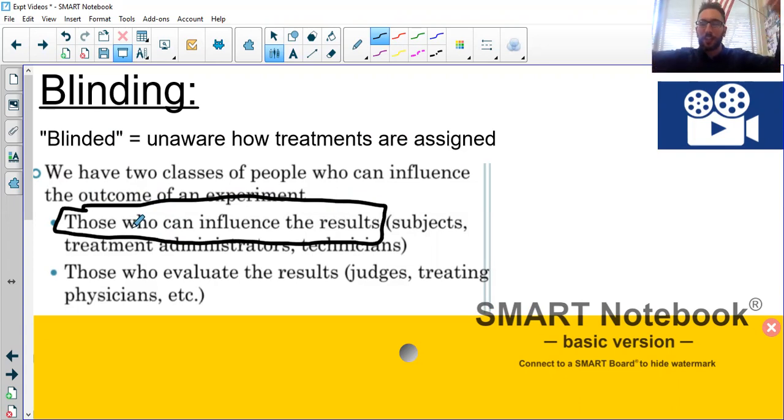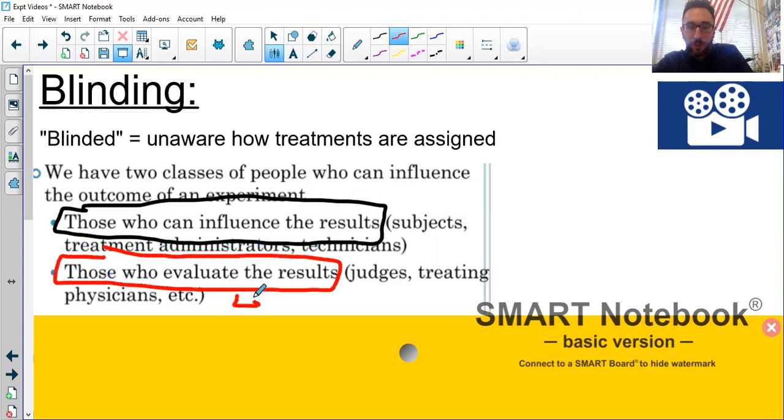Right? But it could also be kind of some other people who are part of the process. You can see their treatment administrators, technicians, whatever. Then the other group of people who can influence the outcome of an experiment are the people who evaluate the results. Or in other words, the people who actually record the data. The people who are measuring the response variable, whatever that is for a given context.